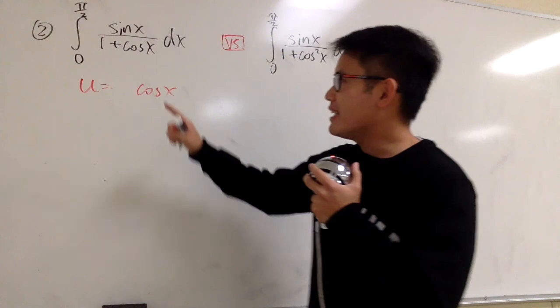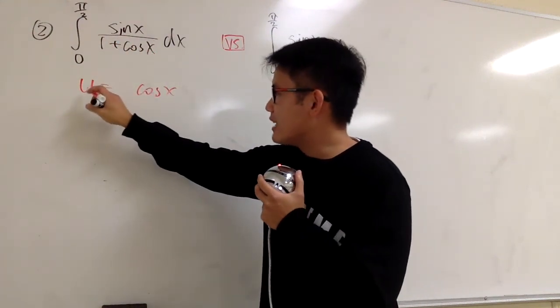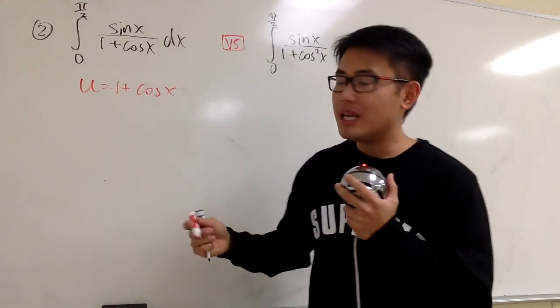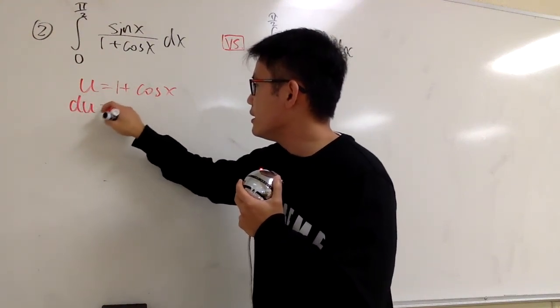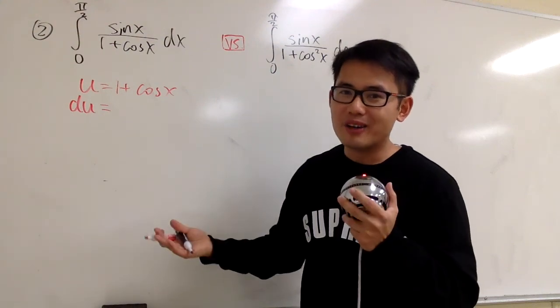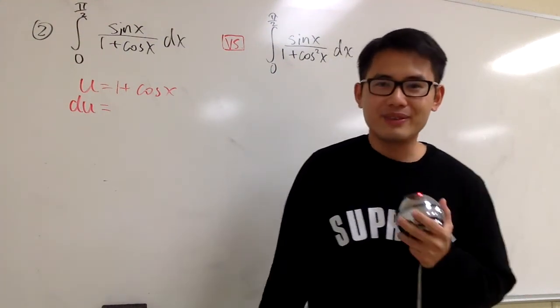Better yet, I can in fact let u equals to the whole denominator. I can say u is equal to 1 plus cosine x. Why? Because when I differentiate this, I will get du is equal to the derivative of 1 is 0. So it doesn't hurt the negative sine x. It doesn't hurt my earlier plan, right?